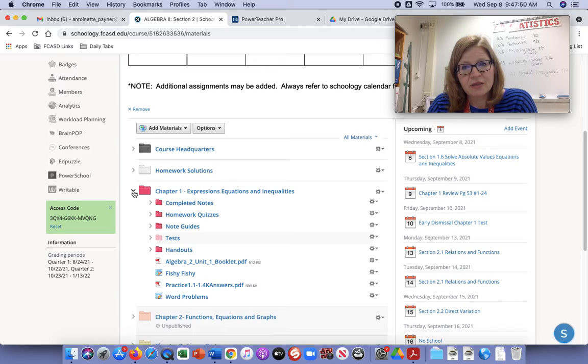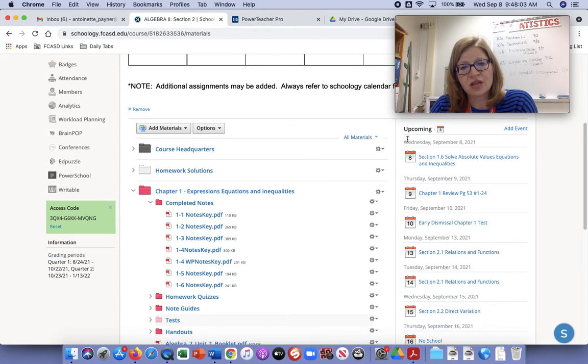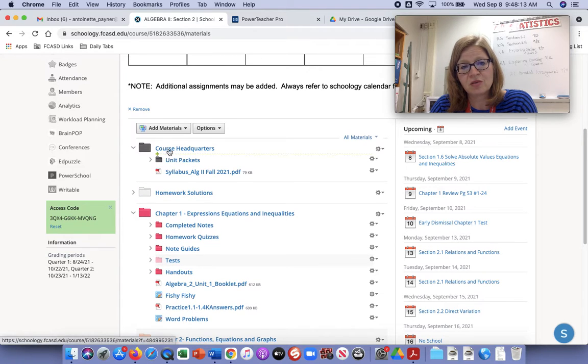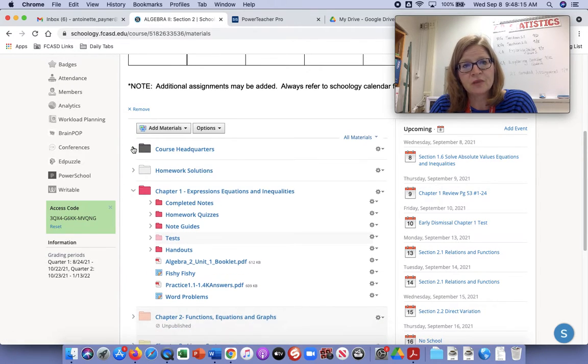Probably the big things here for you to know about are the calendar and the homework solutions. They do the homework and they should check their answers. And then if they're ever absent, when they look at the calendar, they can see what they're missing, and then they can find the completed notes here. If they need a blank one, they can reprint it from this handout, or they can reprint it from up here with the unit packets in the course headquarters.